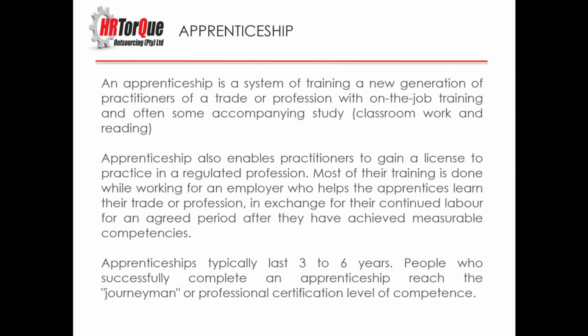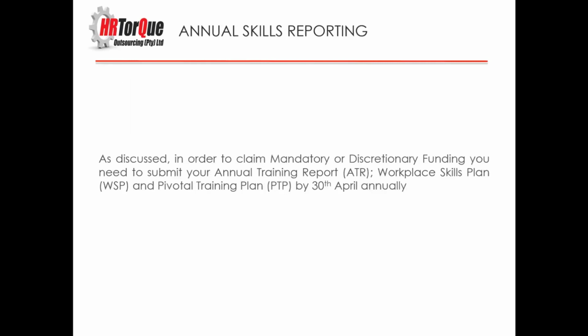So if you're going to do skills development, apprenticeships, internships, learnerships, or just general training, you also have a look at what is your BEE required and what is your employment equity required, so that when we're looking at all three, we're getting the best out of it.